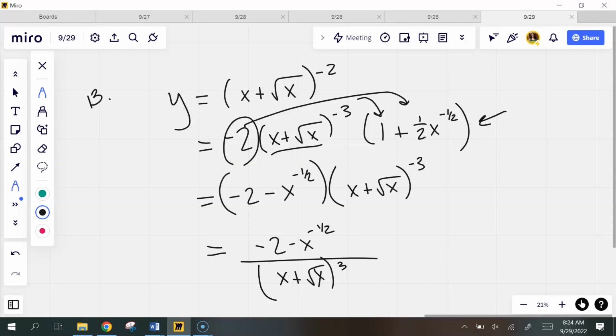Would I move what now? The negative x down? So in this case, because this minus is here, I couldn't move just that x. If the exponent is on the outside of a parentheses, I could move the whole chunk, but I can't move just that x. I could make it negative 2 minus 1 over the square root of x, but I can't take it to the whole bottom because it's not being multiplied there.